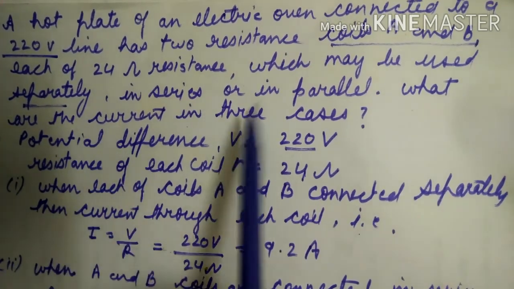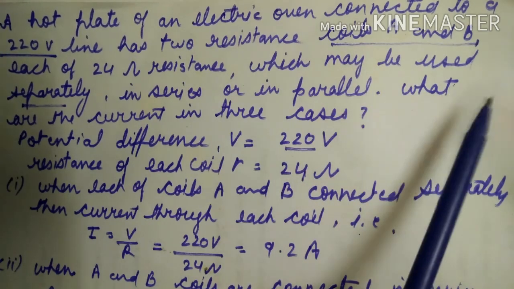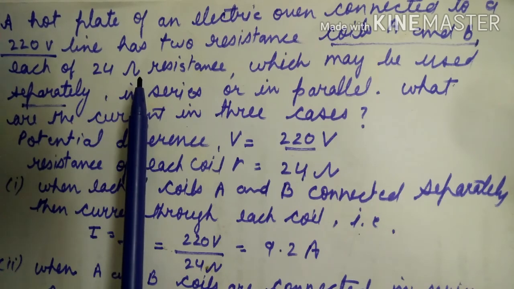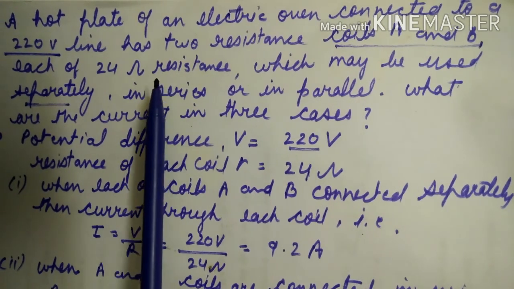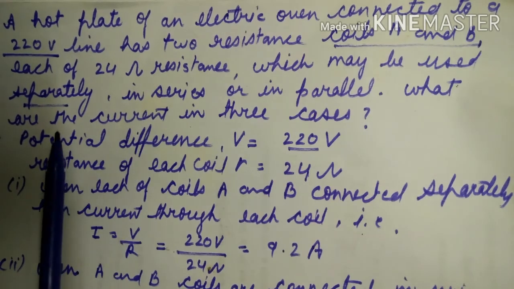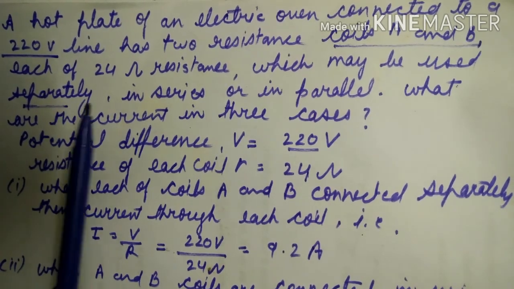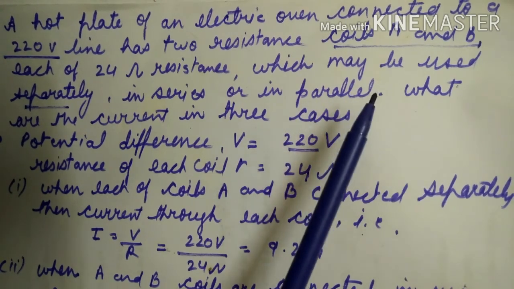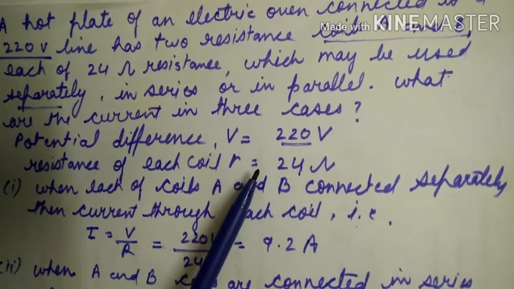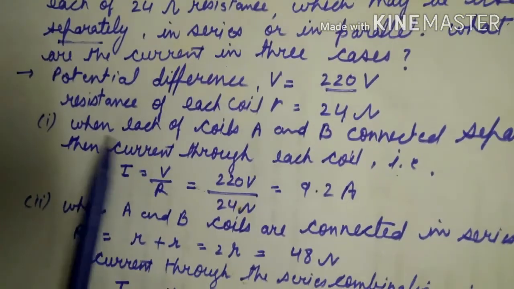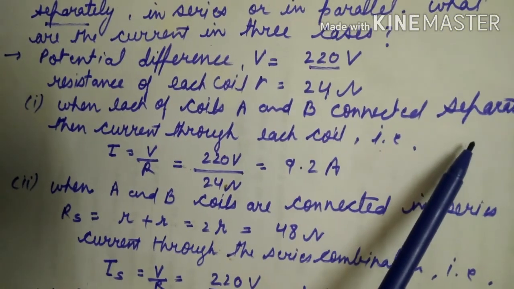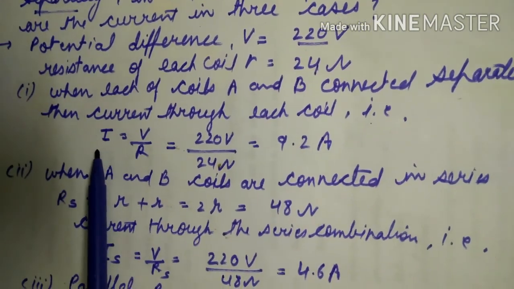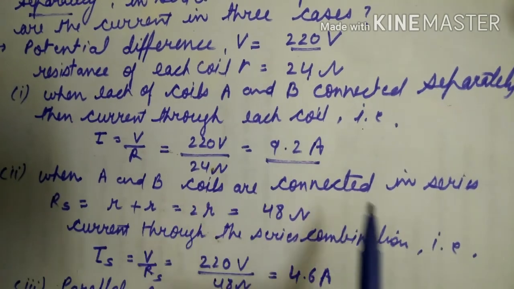So now you can see coils A and B, each coil resistance 24 ohm, 24 ohm, and in the question it is asked that when they are separately or in series or in parallel. So firstly we got when they are connected separately, value of I 9.2 ampere.